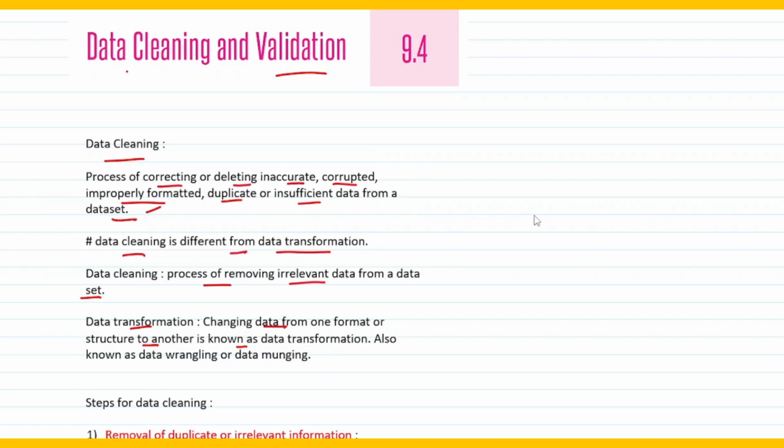So data cleaning primarily is the removal of any irrelevant data in the data set, and data transformation is basically changing data from one format or structure to another, right? Data transformation is also known as data wrangling or data munging, right? So in case the question asks you what is data transformation or data wrangling or data munging, it is one and the same. Please don't get confused, right?